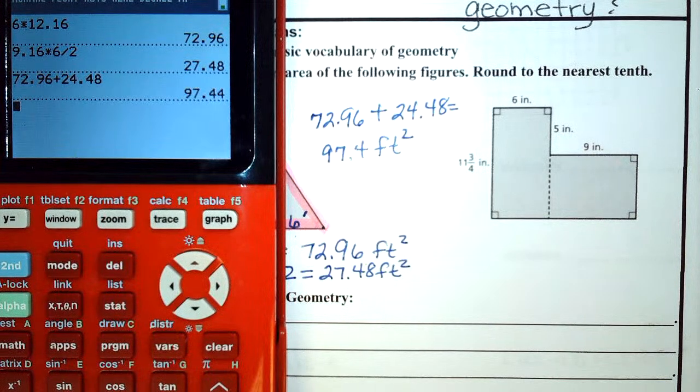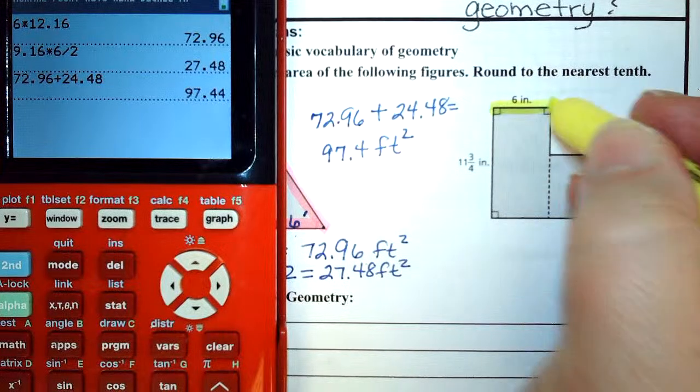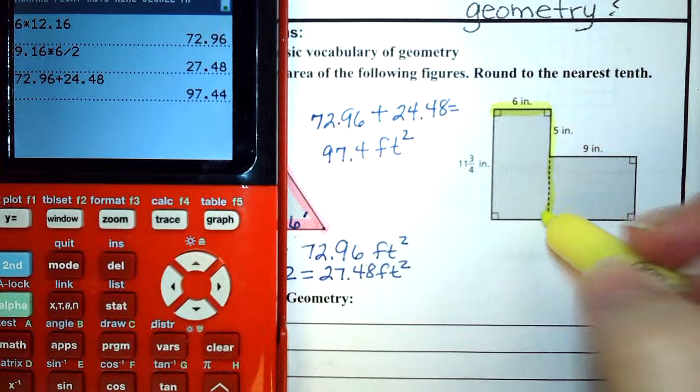Okay, now make sure you use the calculators. We've got calculators around the room. I want you to use those to get used to them. Okay, now for the next one, we've got two rectangles. The first one, it's fairly easy to see the length and the width because they're given to us.